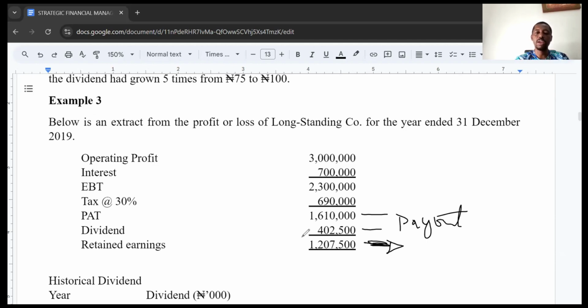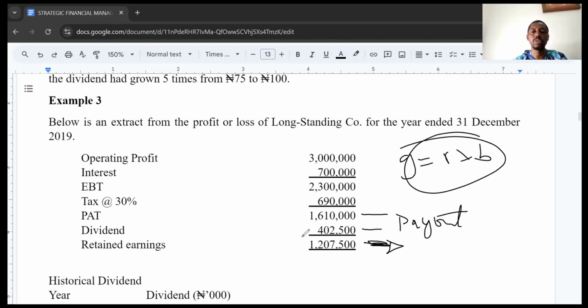You are going to use the formula with growth. But in this question, you will need to calculate the growth yourself using this formula, g is equal to r times b. So your examiner will not tell you that you should calculate the growth, but you will know that you need to calculate the growth rate.